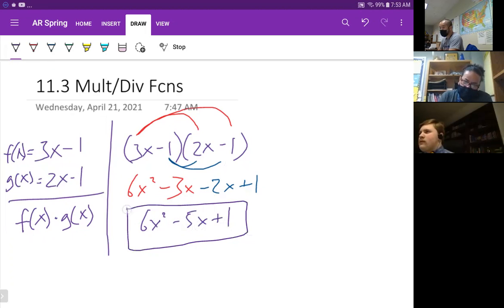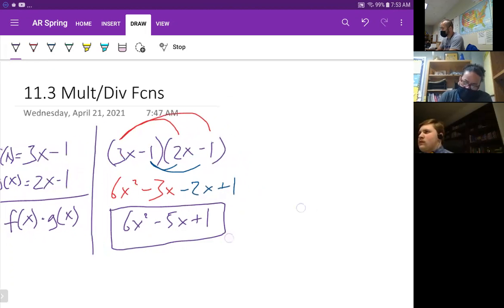And then it looks like you have multiple choice answers to do this with. Something you might not have is when there's second degree terms.